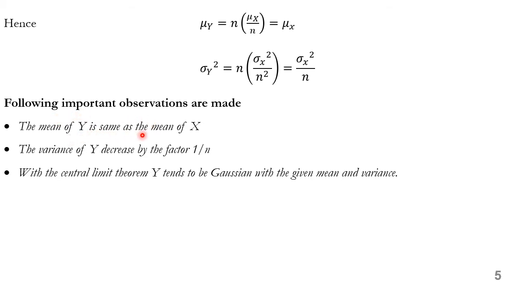The mean of Y is the same as the mean of X. The variance of Y decreases by a factor of 1 by n, and with the central limit theorem, which we will be studying later, Y tends to be Gaussian with the given mean and variance.